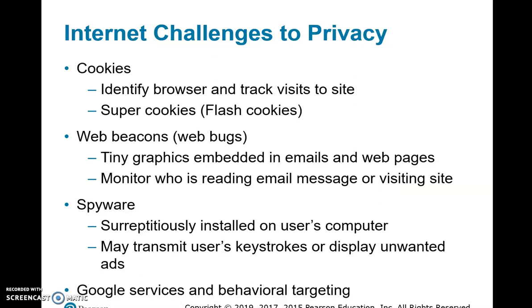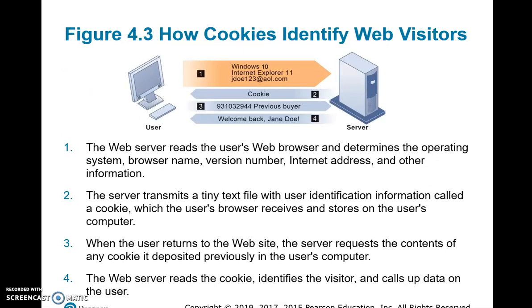The internet challenges to privacy are based on three things: cookies, web beacons, and spyware. Everybody talks about cookies. A cookie is a small text file. This text file is deposited on a computer hard drive when a user visits websites.